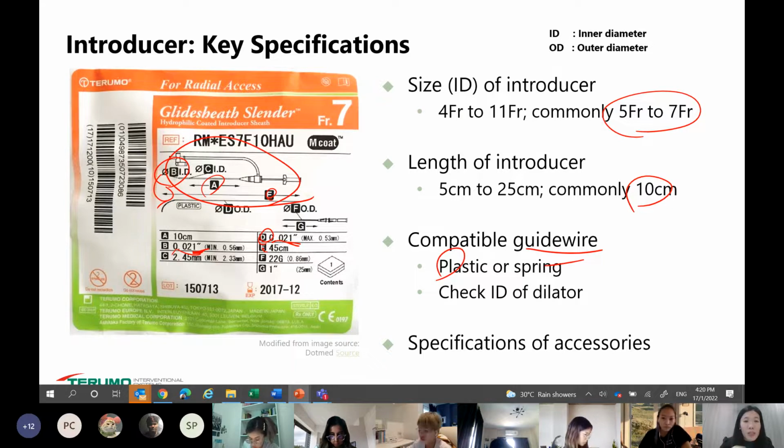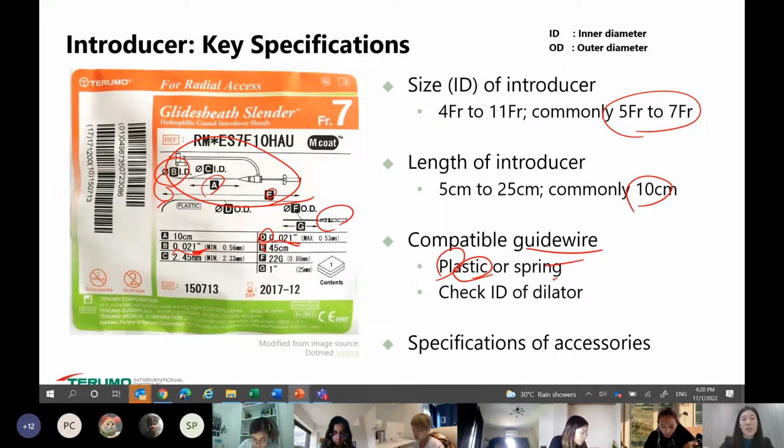Then you will also see what kind of guide wire is actually provided. This is quite important because plastic or spring, basically plastic means that if you use a metal needle, you may shave off the plastic wire. So you need to know whether it's plastic or spring to know what kind of needle you should use.